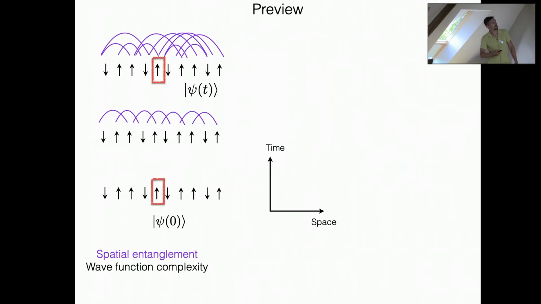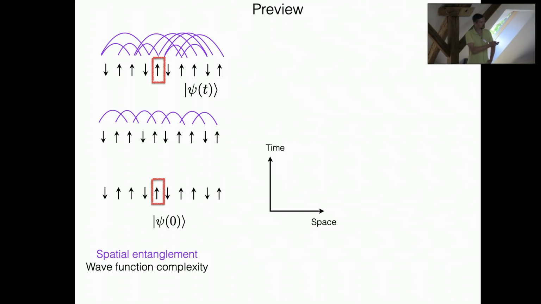As a preview, typically when we think about many-body dynamics, we think about the many-body wave function, how it evolves with the Hamiltonian in time, or as a quantum circuit, and then we try to make sense of this wave function and measure, for example, local observables after some time.